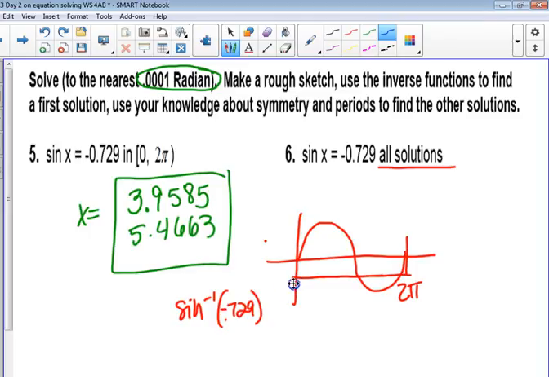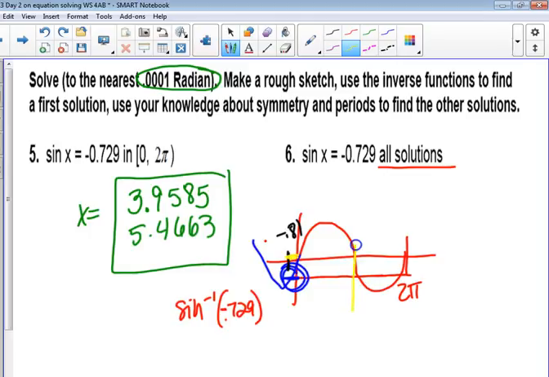Negative 0.81, right? Okay, that's because your calculator found the closest place to the origin. Do you see where this is negative 0.81? That's not between 0 and 2 pi, right? But follow me just for a second here. You can do this. That means this little bitty yellow distance is 0.81 long, right?